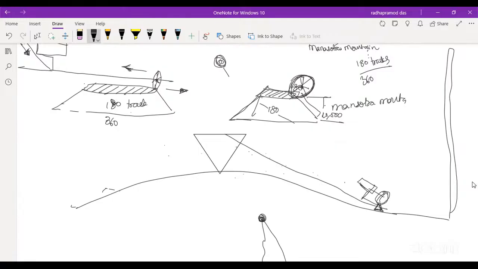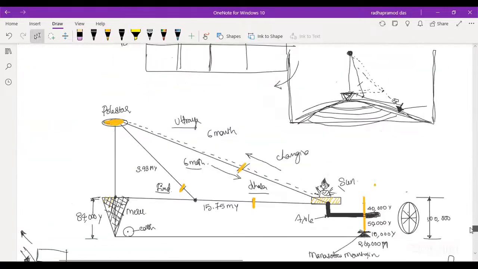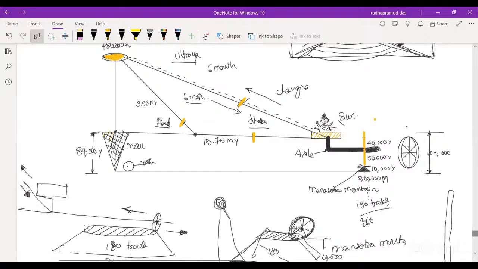So it is going up and down. Obviously it will be like this only, right? Because it is slanting. In the diagram it is looking straight, but it is not straight. This is also slanting only because the Bhumandala is not straight. Because it is straight, I have to draw it straight.